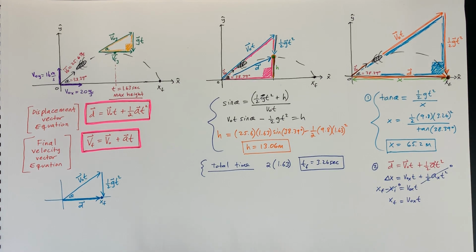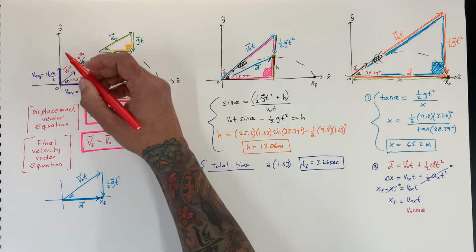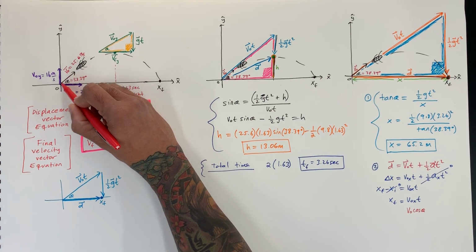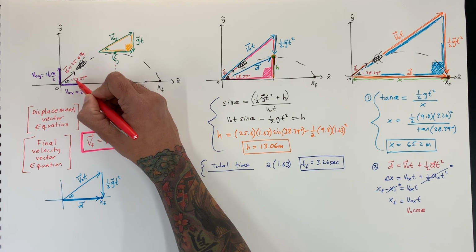We know from previous examples that velocity initial in the x direction is just v naught cosine theta. If you don't know where that comes from, check out the previous videos and see how to change this velocity vector into components.